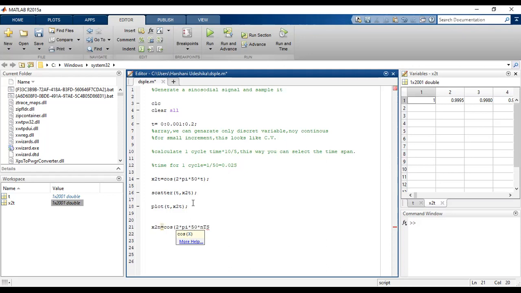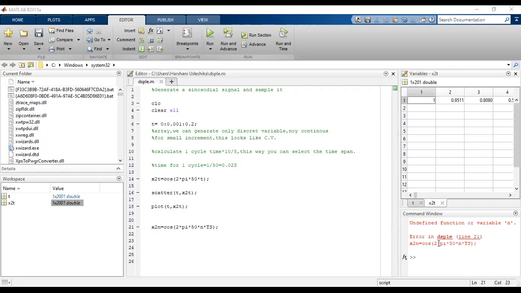So you can remember we put nTs instead of t. Here you have to define these two variables, otherwise you will get the error message that n and Ts are not defined.